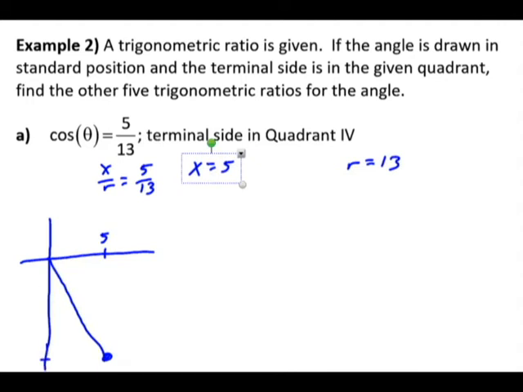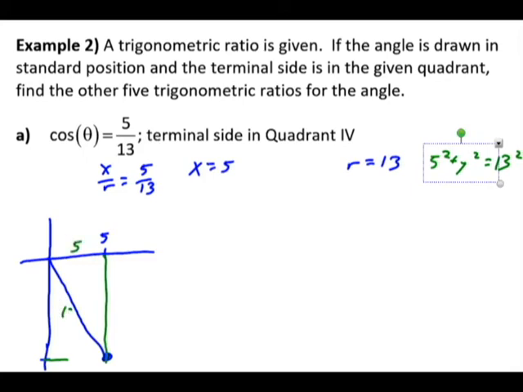Let's see what that is. We can solve it numerically, or we can use the fact that this right triangle is a common Pythagorean triple. And so our y-coordinate must be negative 12. So here are the trig functions.